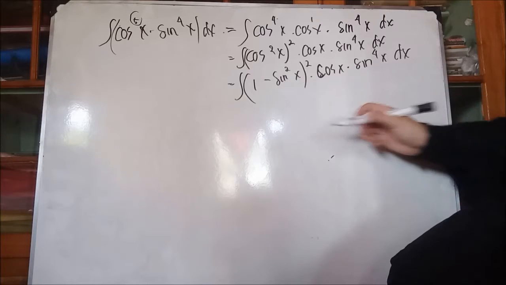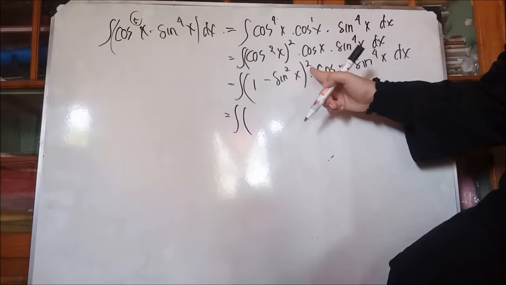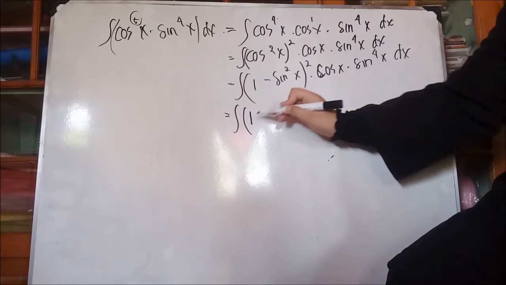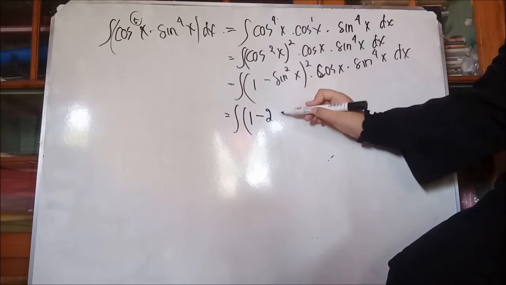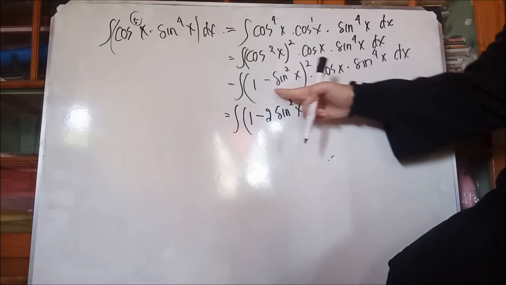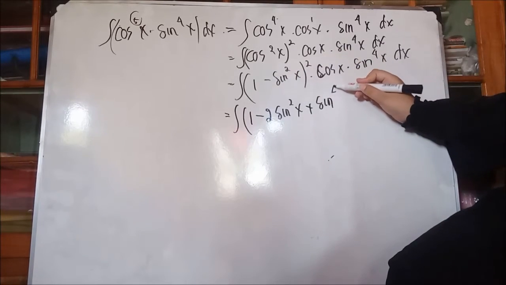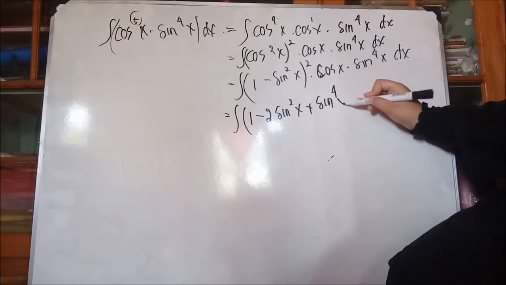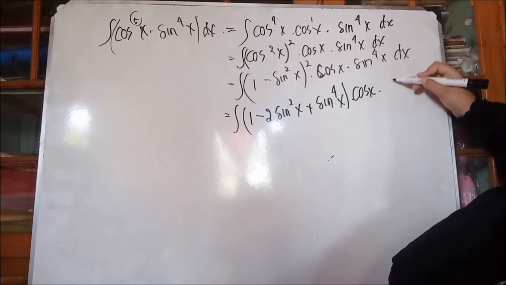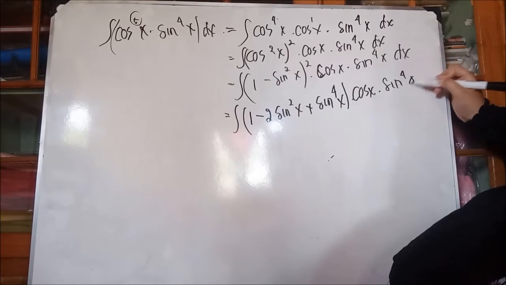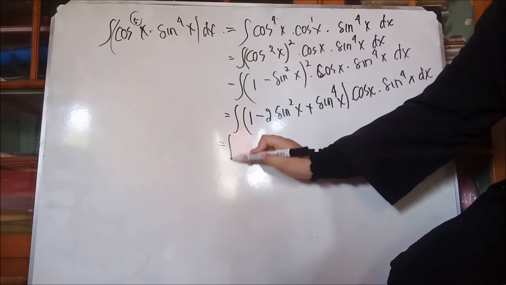From here we can make: 1 to the power of 2 is still 1, and then 2 times this and this is 2 sin squared x, and then plus sin, because it is squared, so it makes sin x to the power of 4, times cos x times sin to the power of 4 x dx. For the continuation, we can make the integrals.